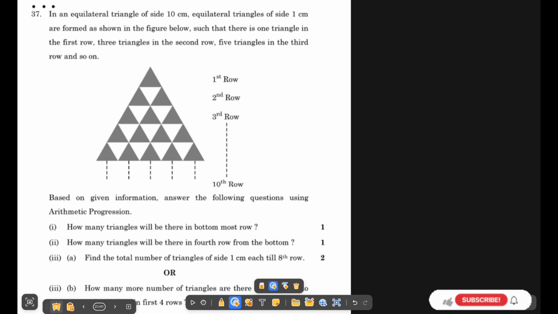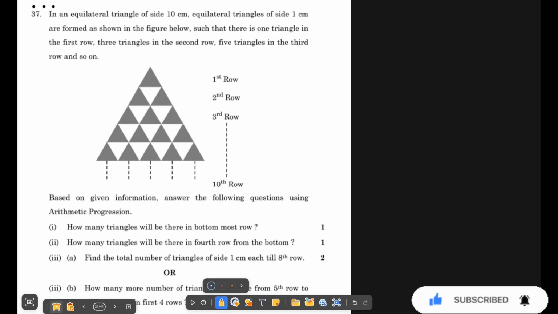Here it is given in the figure that there are 10 rows. Now what is the list of number of triangles in each row? Let's find it here.